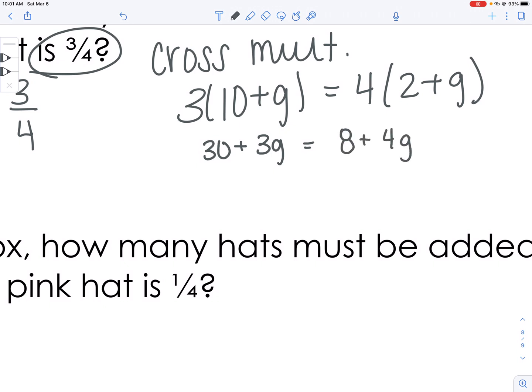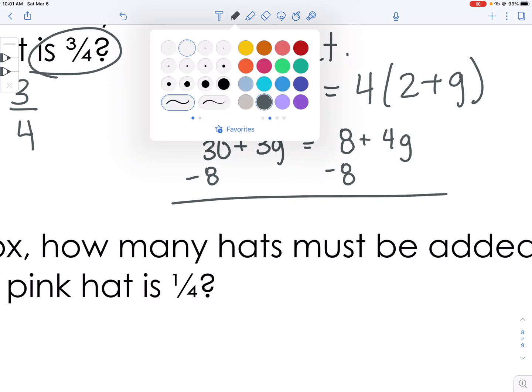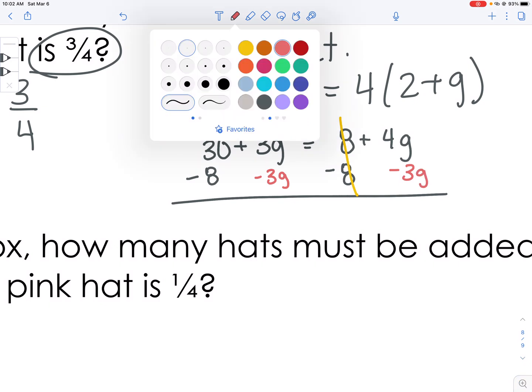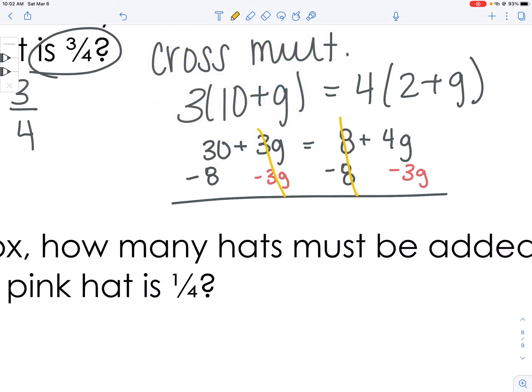Now I'm going to combine like terms. I'm going to subtract 8, which will make that cancel. And I'm also going to move the G over to the right, which will make that cancel.